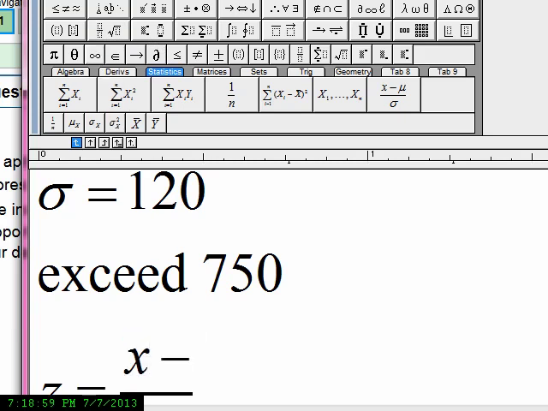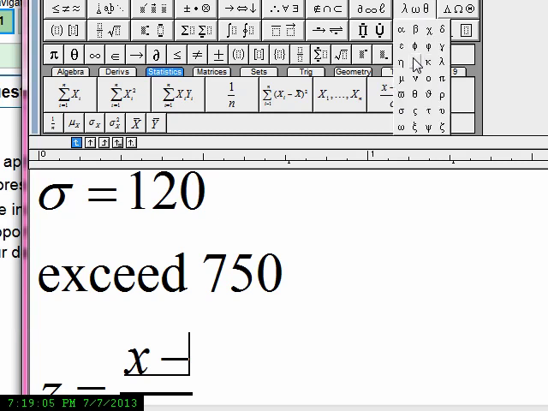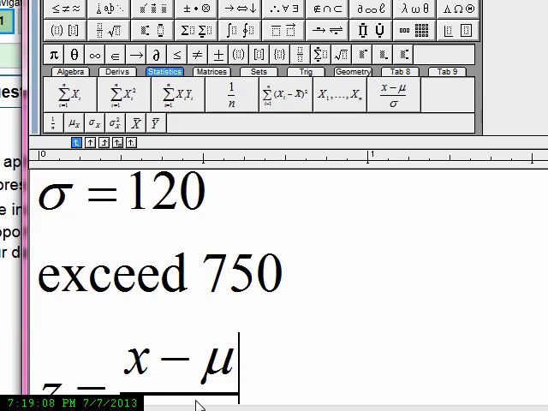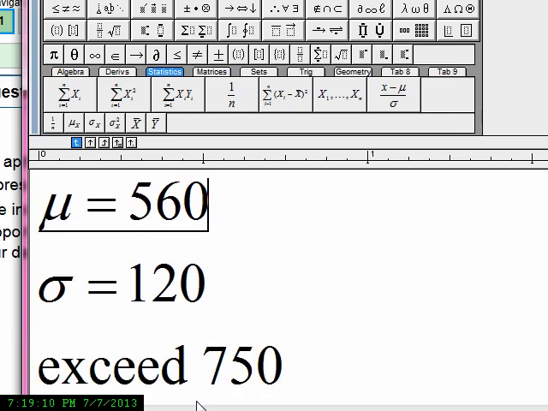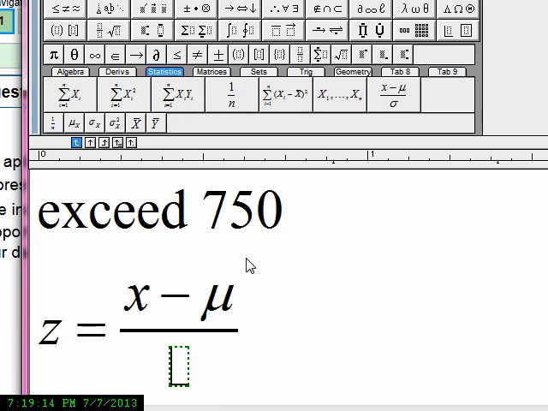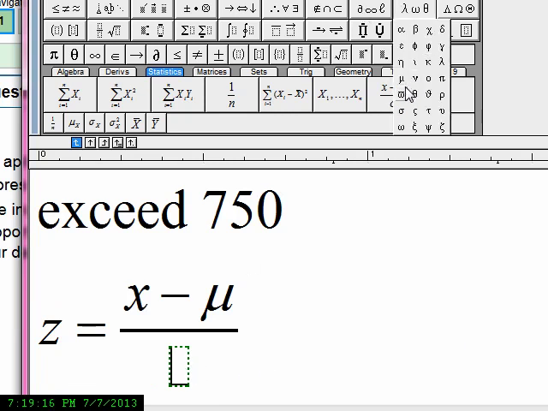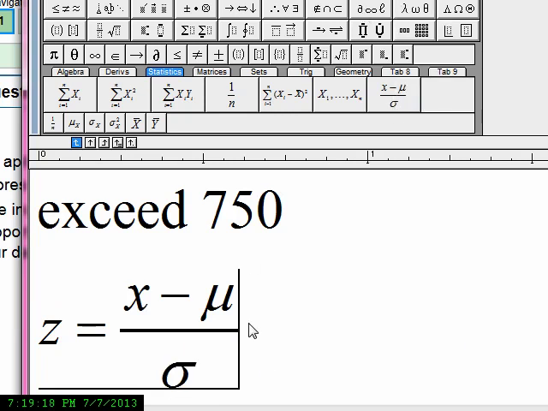So x minus mu divided by sigma. And so then we substitute in those values, and we can find the z-score that corresponds to x equal to 750.